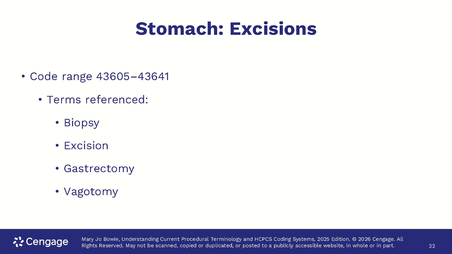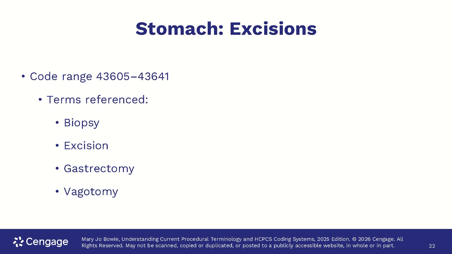Then we have stomach excision. And over here, you have biopsy. And of course, if you're coding the biopsy stomach, the cool thing about CPT is that in some cases, you can use the body part. So you might go to biopsy stomach.